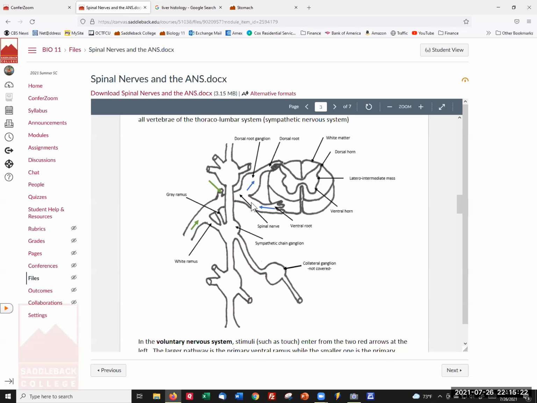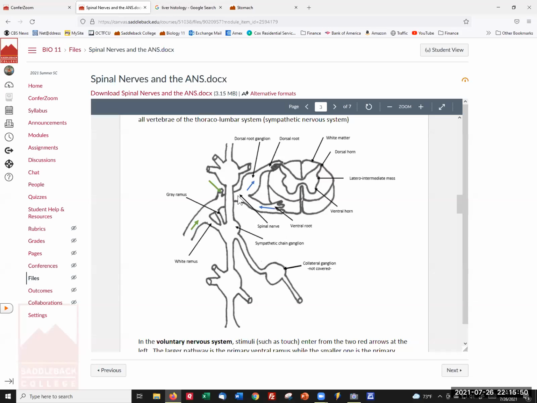Here's the ventral root. The swelling is always the dorsal root ganglion, and the dorsal root here always brings afferent or sensory impulses. The afferent and efferent meet and share the spinal nerve.